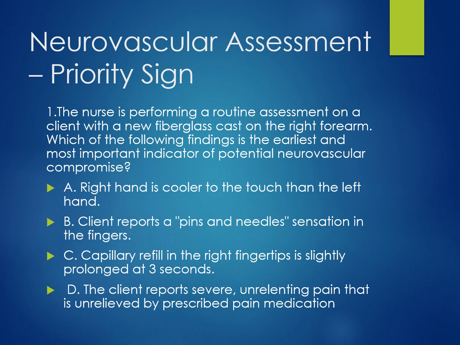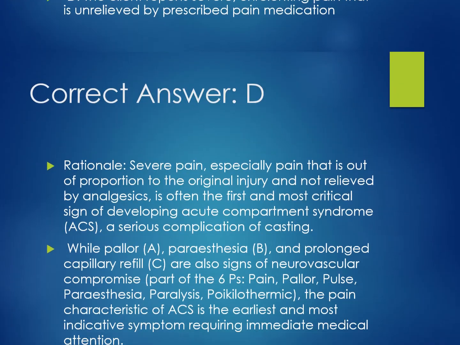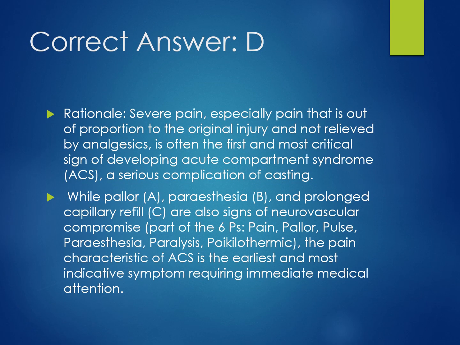So we have our answer being D, because in reference to the previous presentation when we listed the 6 P's, which are the signs of compartment syndrome, we realize that pain is the first in the list.